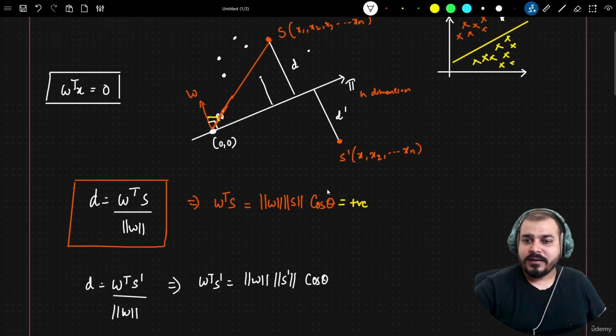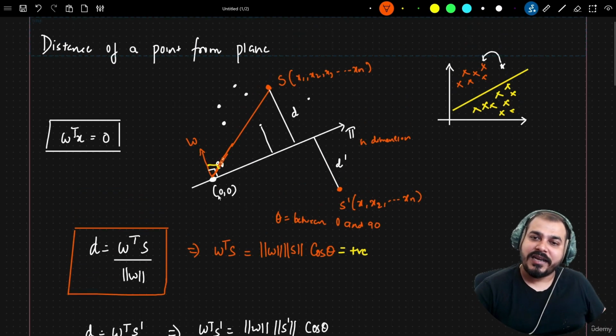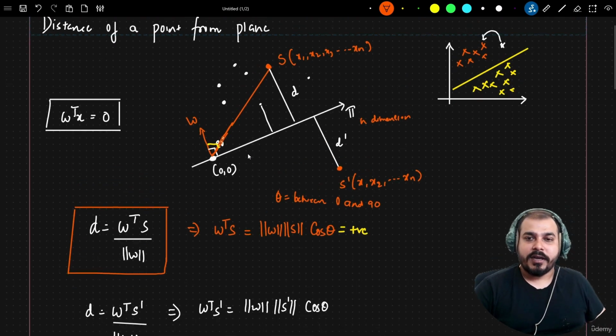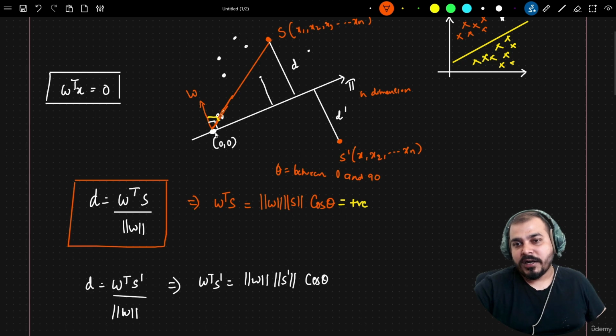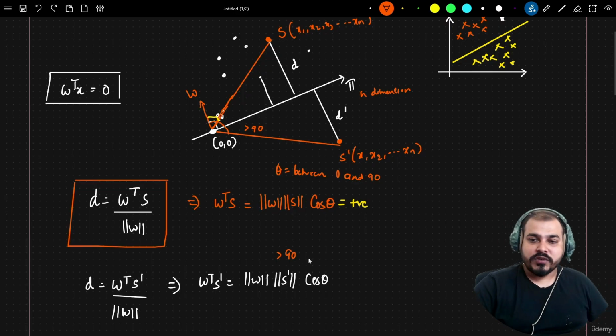Now you know that in the above case, my theta was between 0 and 90 degrees. It will always be less than 90 degrees because the point is above this plane. But in this particular case, if I connect W and S dash, the angle that we are going to get is always greater than 90, and it can also be less than 270.